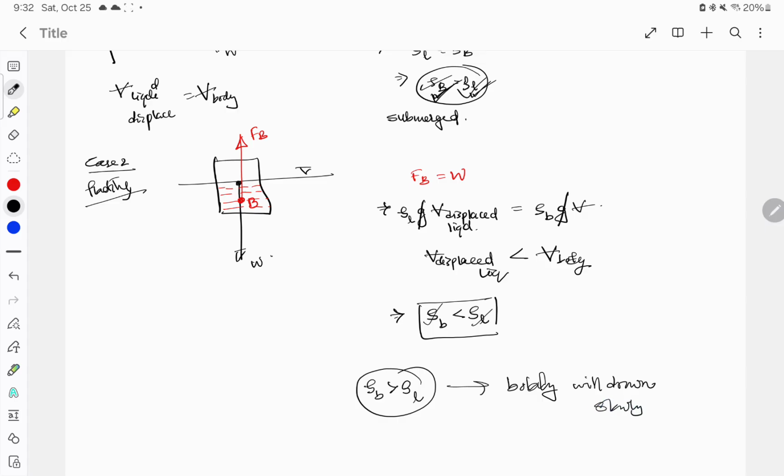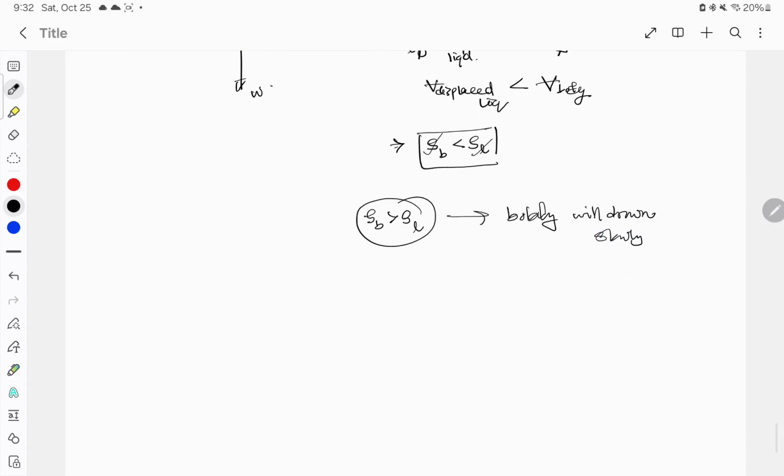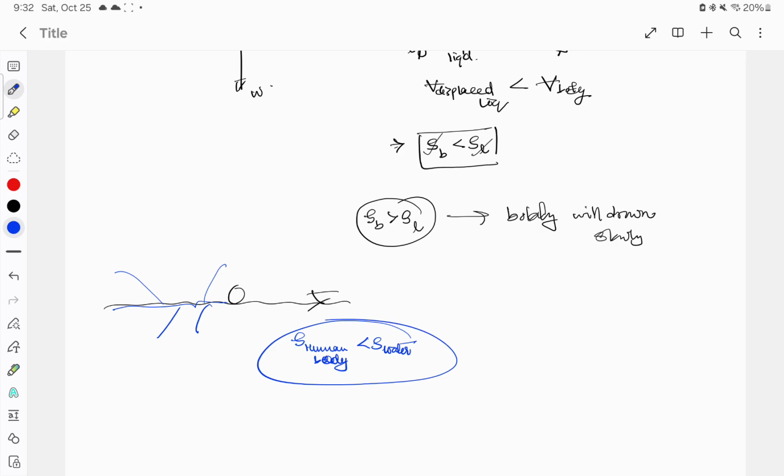That is why when you go swimming, people say that if you lie inside the water, you will float, which means the density of the human body is less than the density of water. That's why we float in the water.